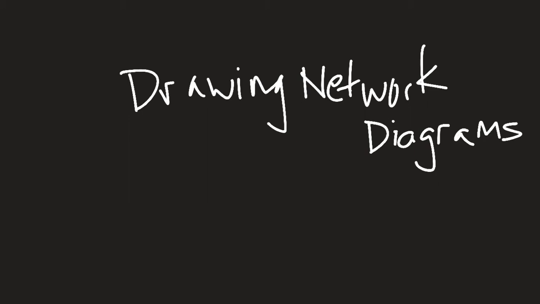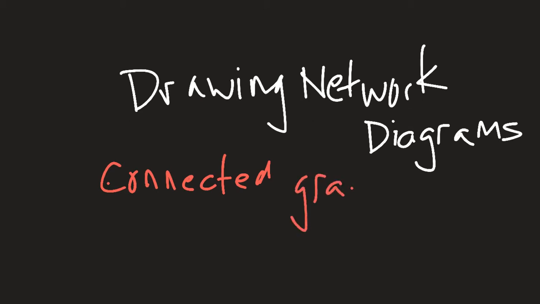First thing we need to talk about are connected graphs. So when we talk about network diagrams, the first concept we'll discuss, connected graphs. Don't forget, another word for diagram is a graph.